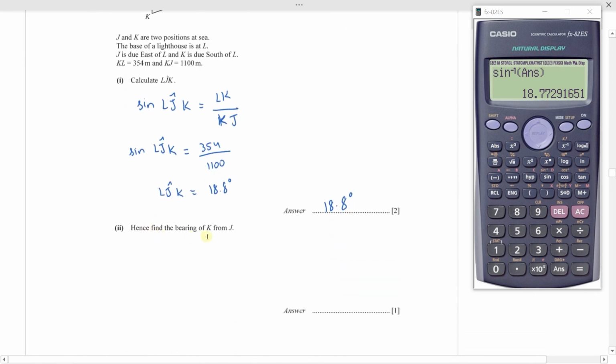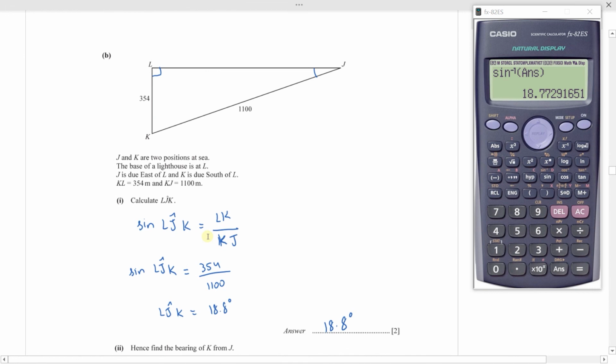Hence find the bearing of K from J. So for the bearing of K from J, if I draw the north-south line here, so this is the north, and the bearing of K from J will be this angle here.